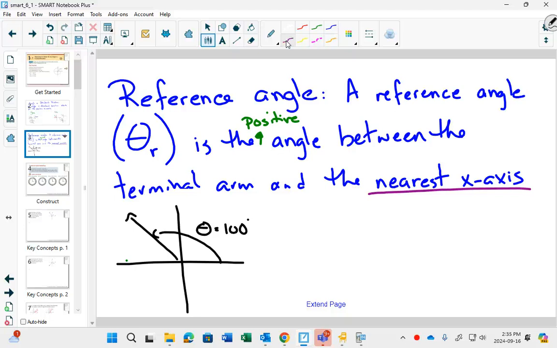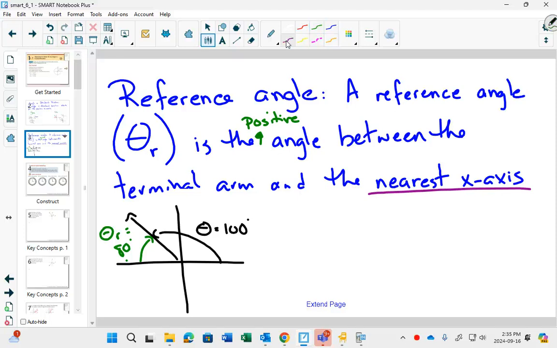It does come from that word to end. Terminal just sounds so much nicer than terminates or terminator. It's where the angle ends, and then this would be the nearest x-axis, and we would say our reference angle is equal to, any guesses? Not guesses, can you figure it out? 80 degrees. Why? Because the straight line adds up to 180, so there would be 80 left.